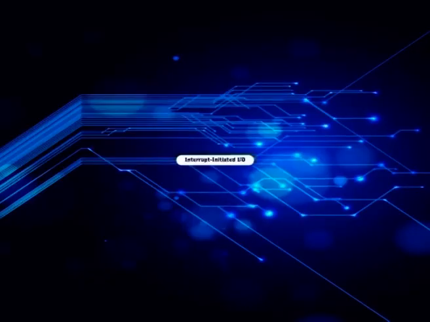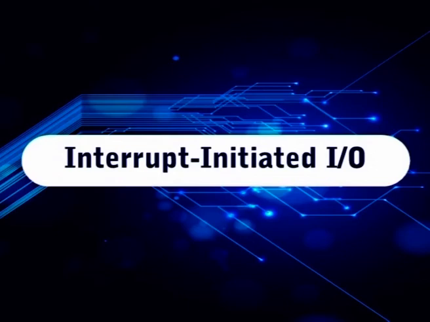Now next is interrupt initiated input output. In this method, an interrupt facility or interrupt command is used to inform the device about the start and end of the transfer. In the meantime, the CPU executes another program. When the interface determines that the device is ready for the data transfer, it generates an interrupt request and sends it to the computer.